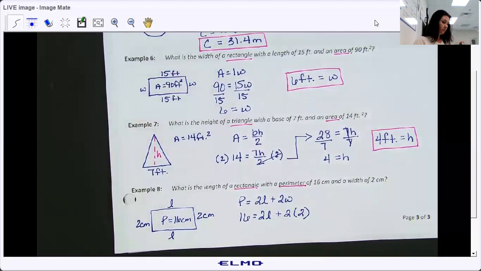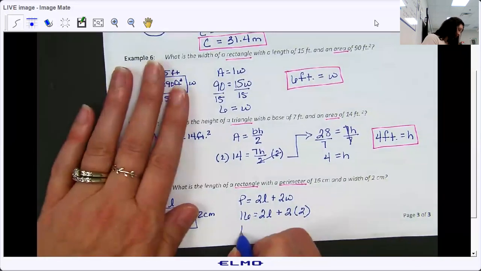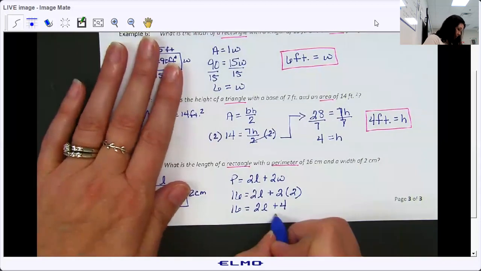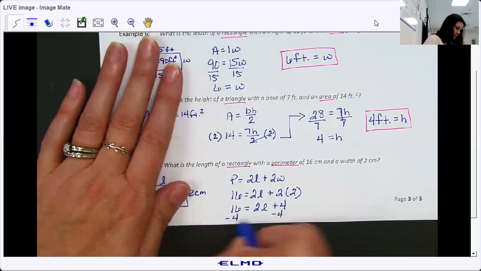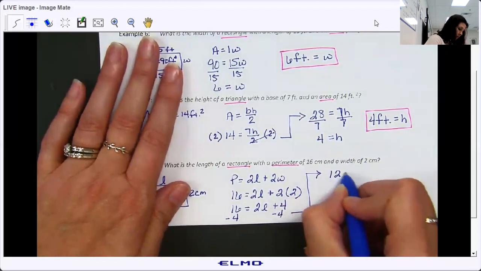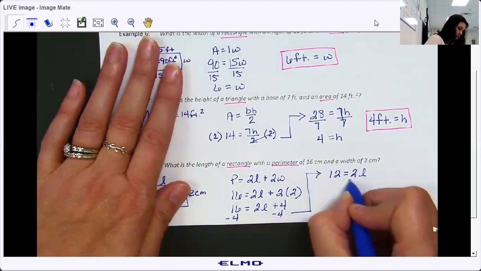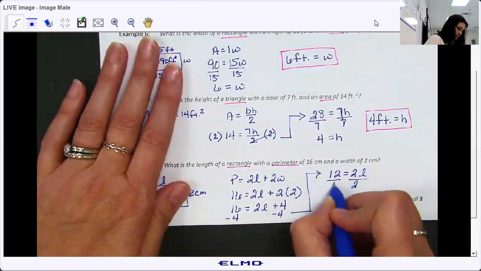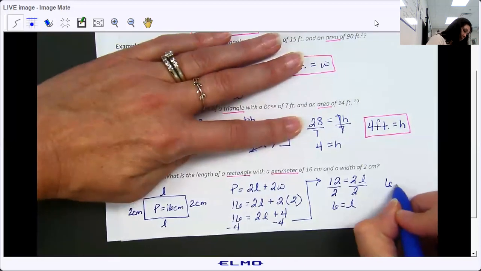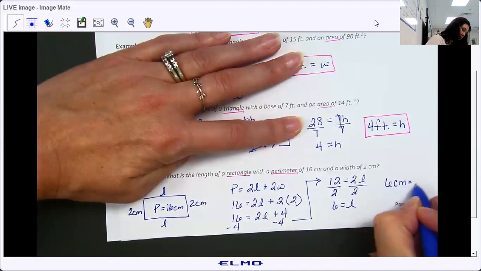Okay, and I just begin to solve. So I have 16 equals 2L plus 4. And then I'm going to subtract 4 from both sides, and I end up with 12 equals 2L, divide by 2. 6 is my length. 6 what? 6 centimeters is the length.